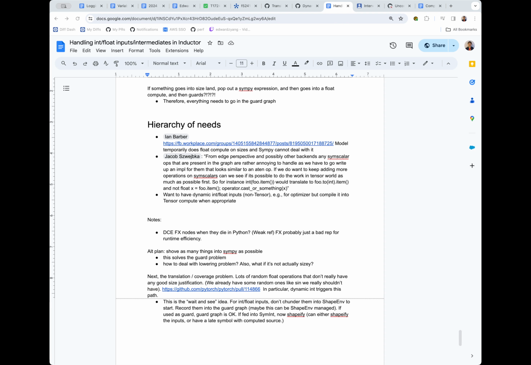Eventually, I'm done, and if I've guarded on it, then I use that SymPy expression to generate a guard expression, which I can go ahead and guard on immediately. And any of this that doesn't get guarded on, doesn't get sent to tensors, I then turn into tensor compute post facto. I could actually just retrace it with a tensor float instead of a float to get the tensor version. So this is my very bad, no good proposal. That is my best idea so far.